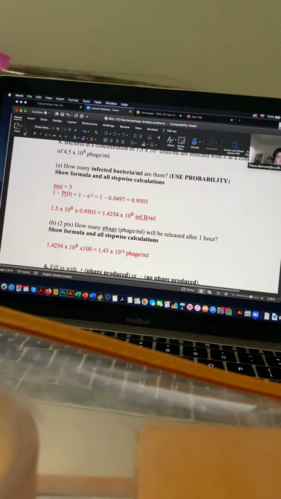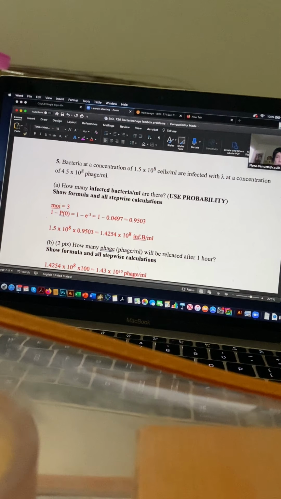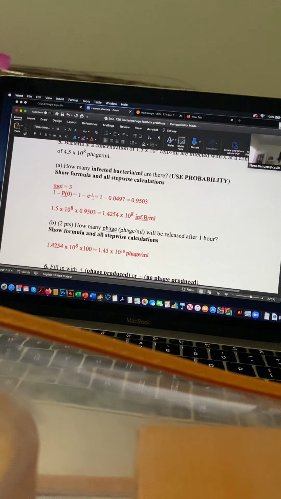So first, for this kind of problem, you have to know what the MOI is, because you need that for calculating the probability of infection inside a cell using probability. And then the probability of infection is given by this formula. And this tells you that 95% of the cells are going to be infected.